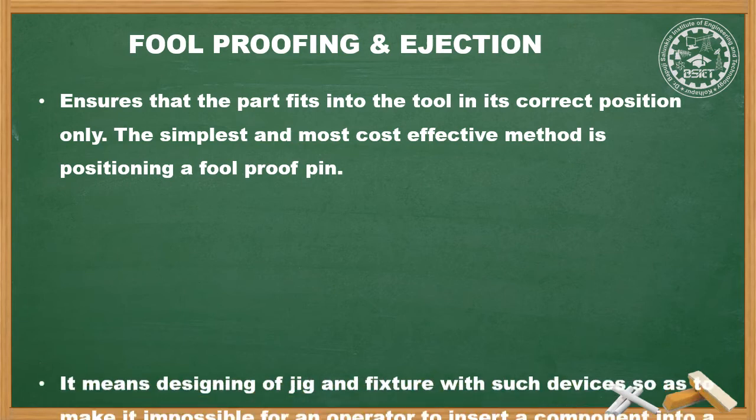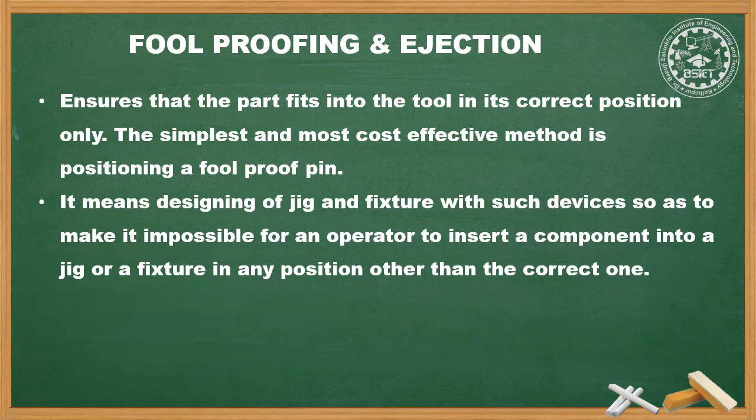It means designing the jig or fixture with such a device as to make it impossible for an operator to insert a component into the jig or fixture in any position other than the correct one. Foolproofing means the operator can insert a component only in one single correct way.